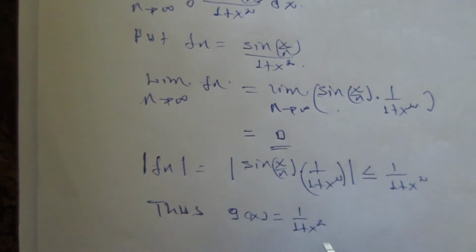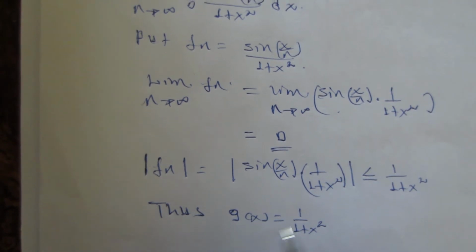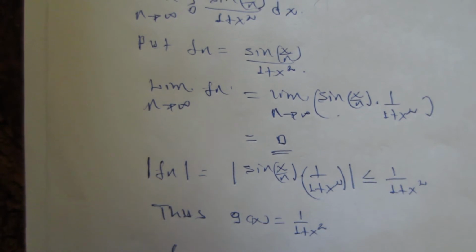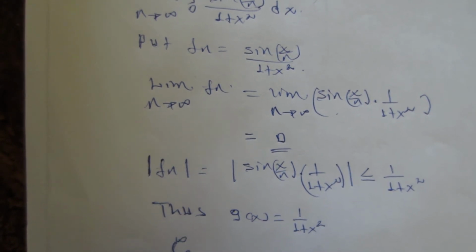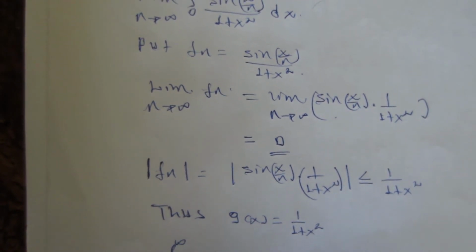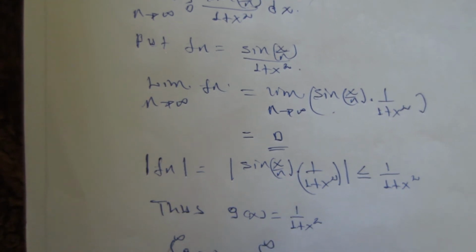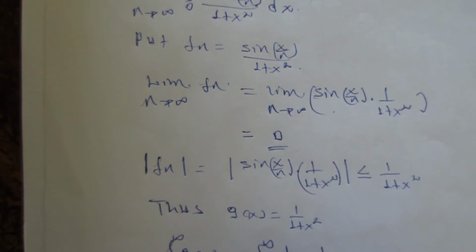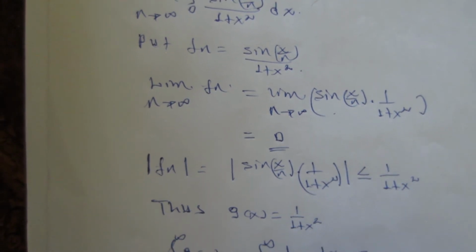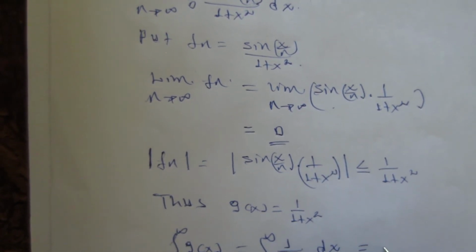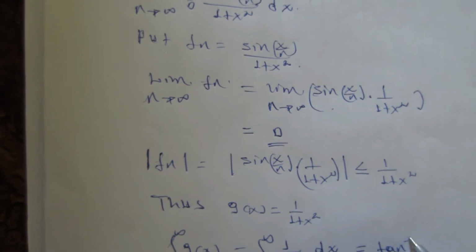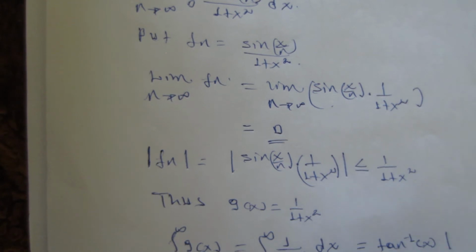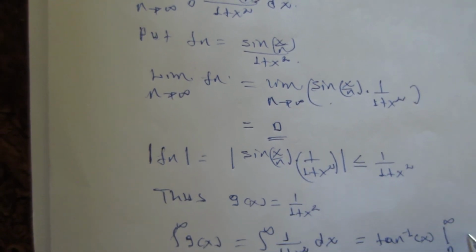Now let us check whether g(x) is integrable or not, which means the integral from 0 up to infinity of g(x), which is equal to the integral from 0 up to infinity of 1 over 1 plus x squared dx, which is equal to arctan, or simply tan inverse of x, evaluated from 0 up to infinity.